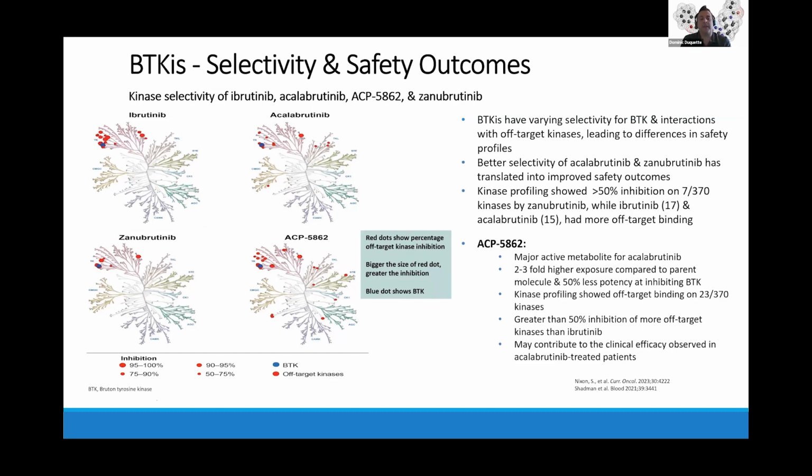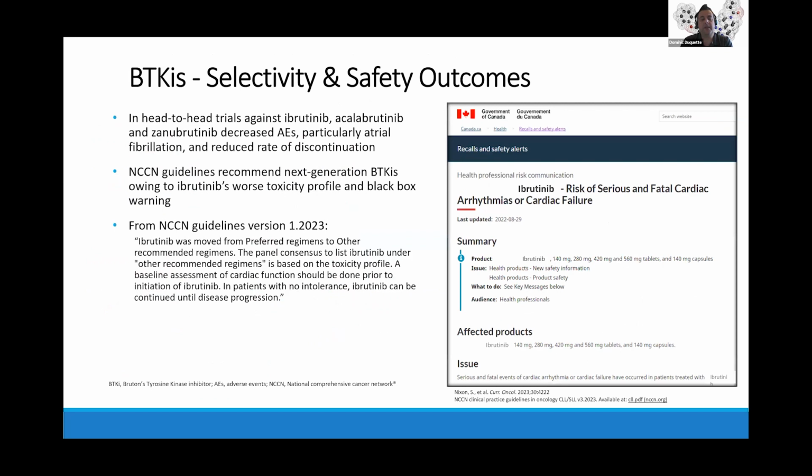So there are the three drugs, and we have ACP 5862, which is the active metabolite of acalabrutinib, and it has a lot of red on it, which might be responsible for the side effects of acalabrutinib because it's off targets. So this is really good to explain in theory, but we're going to dive more into the studies to see how that translates in real life.